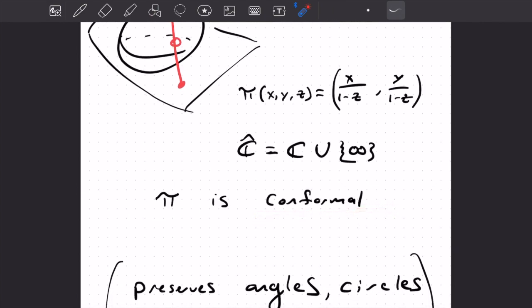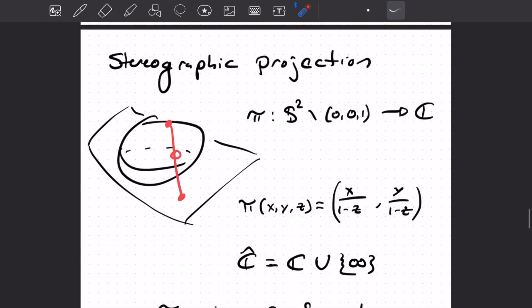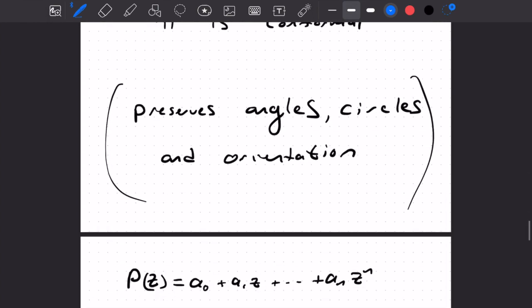That'll be important to us, meaning it preserves angles, circles, and orientation. So what that means is if we have some circle on the sphere here, that would get mapped to a circle in the plane and vice versa. So that's certainly a nice property. Maybe I should have spent more time on stereographic projection, but that's okay. It exists and it's conformal. I think that's all we'll need for this video.